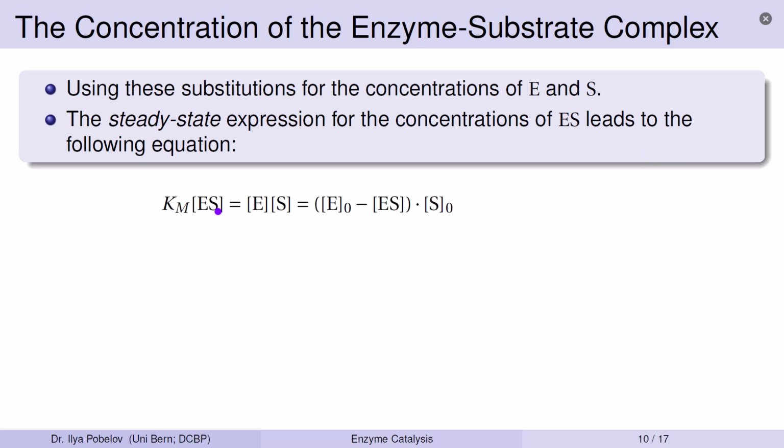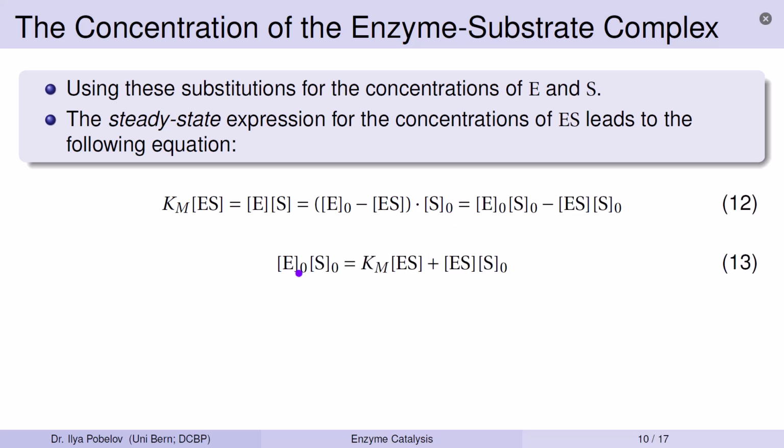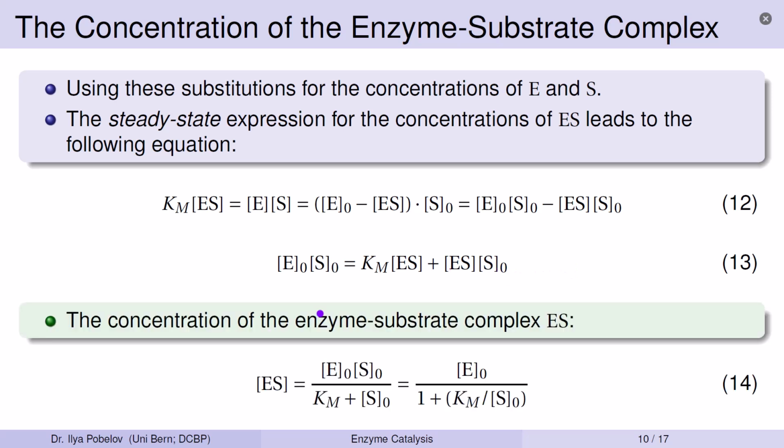Km times the concentration of ES equals the concentration of E0 minus the concentration of ES times the concentration S0. After rearrangement, we get the concentration of E0 times the concentration of S0 equals Km times the concentration of ES plus the concentration of ES times the concentration of S0.